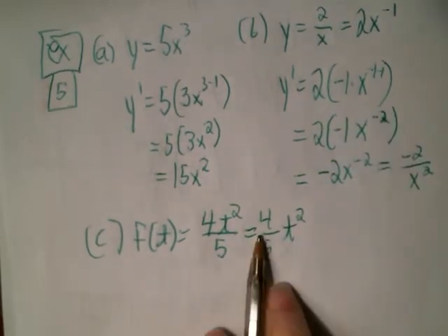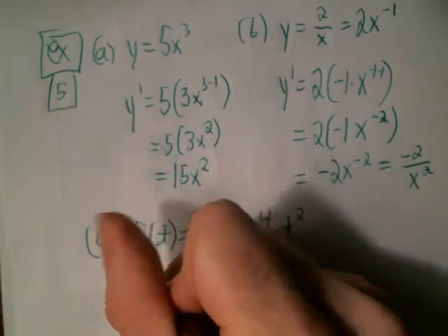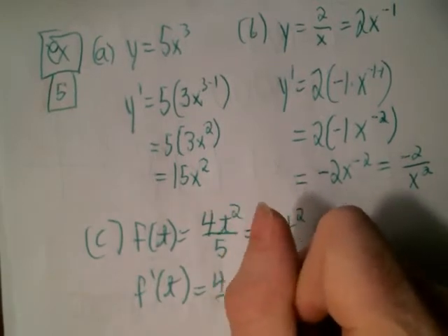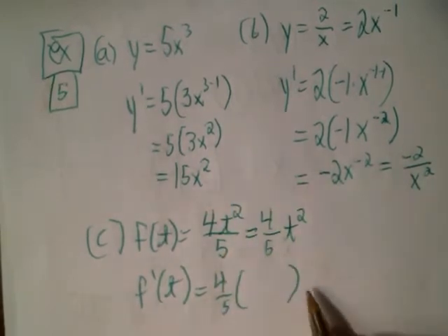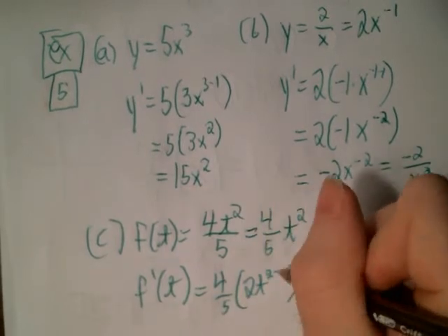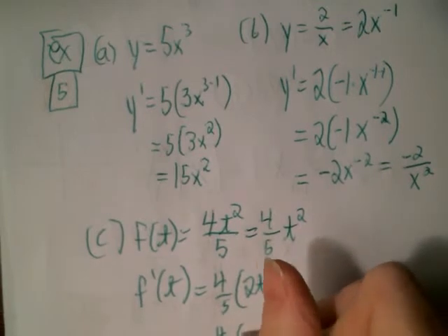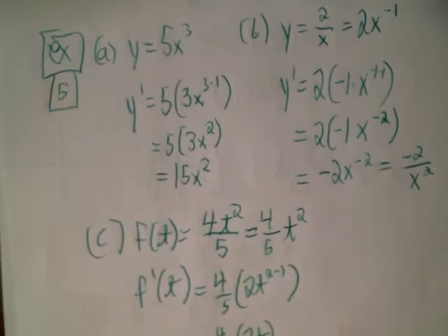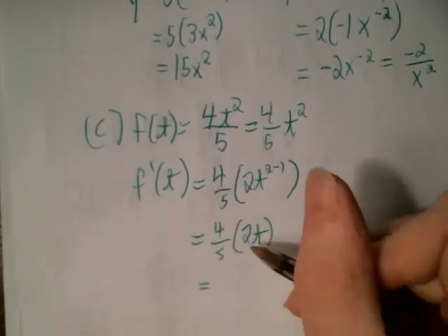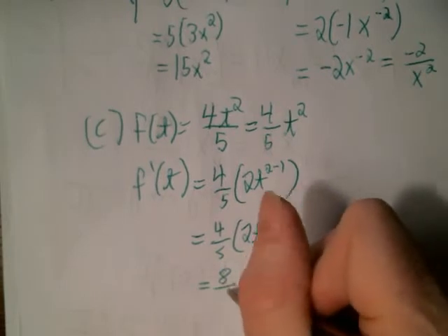And then this is a constant, and you're taking the derivative of this part. So it's f prime of t equals 4/5 times the derivative of t squared. So you just go 2t to the 2 minus 1. So you get 4/5 times 2t to the 1. And then we get 2 over 1 times 4 over 5. Of course, it's 8/5 t.